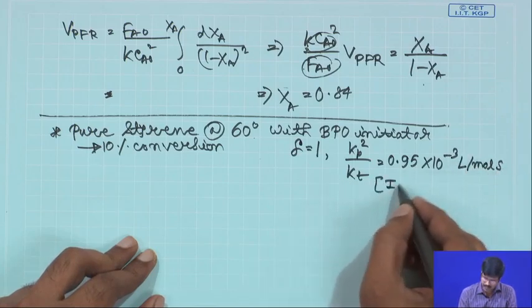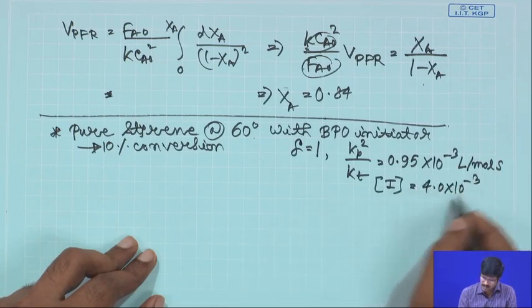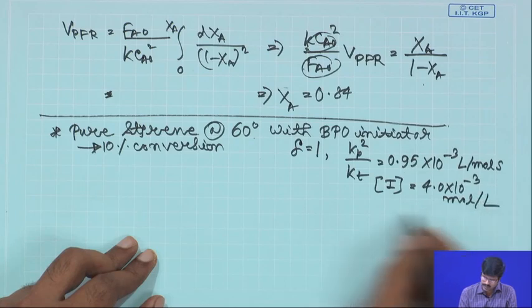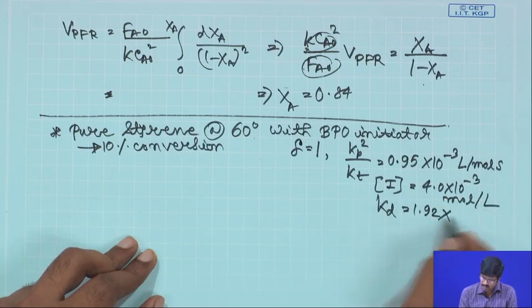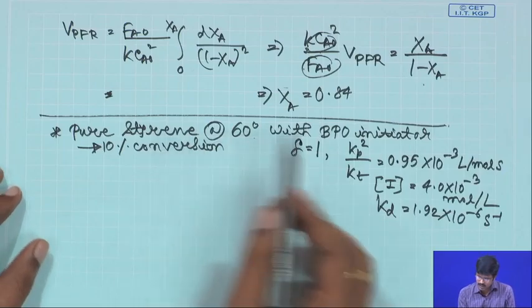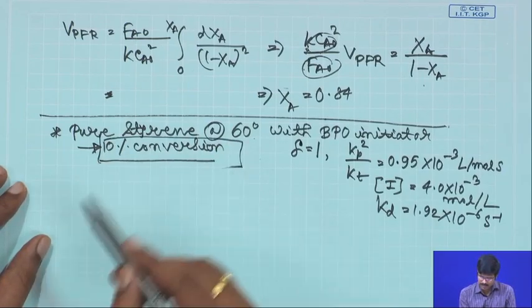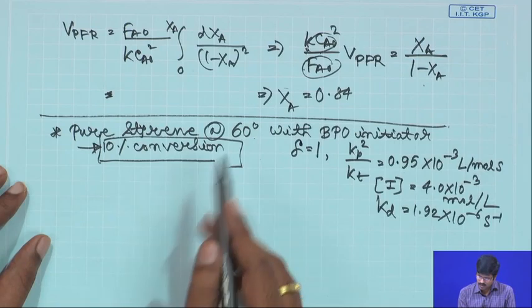The concentration of the initiator is given as 4 into 10 to the power minus 3 moles per liter, and the dissociation constant is given as 1.92 into 10 to the power minus 6 per second. So, the question is, what is the time required to obtain 10% conversion in a batch reactor?